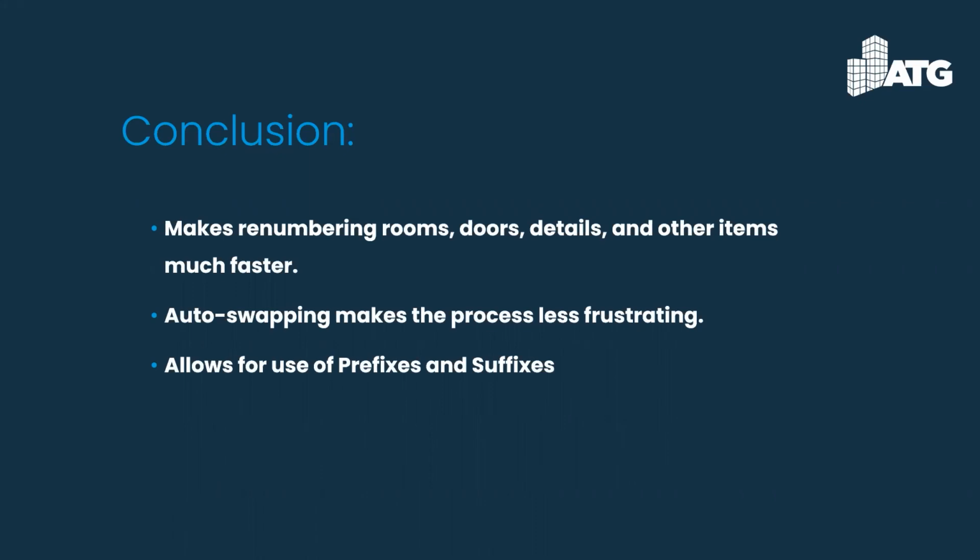You don't spend the hour renumbering everything only to be hit with "cannot have the same number," and now we've got to go track down that number to fix that. Auto swapping makes that way less frustrating. And then the tool even allows you to add the prefixes and suffixes in its automatic process. So you don't even have to go back and add the VAV for VAV boxes or the A dot for rooms or anything like that.